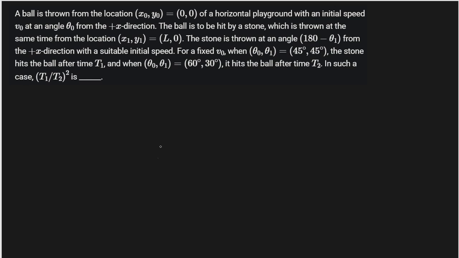So first of all, we will draw the condition of how they are moving. Let me choose some different color. So suppose that this is a horizontal ground and this is the x axis, and this is the y axis, and this is also parallel to the y axis.